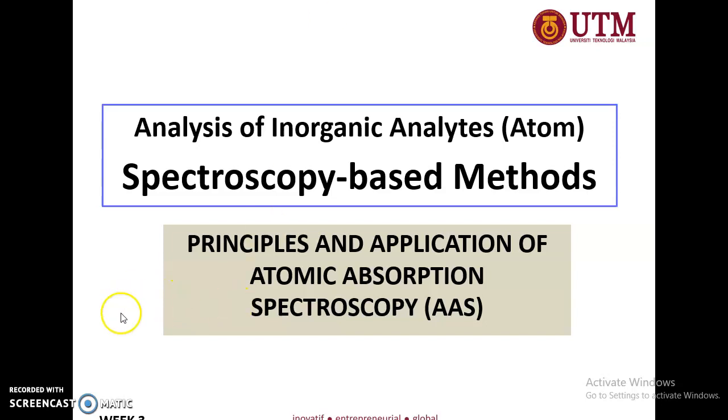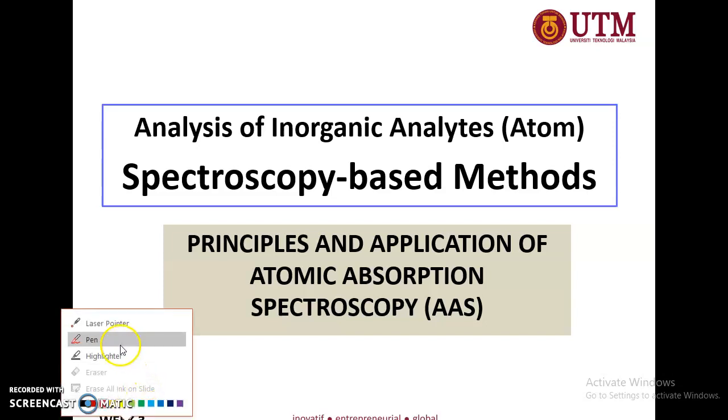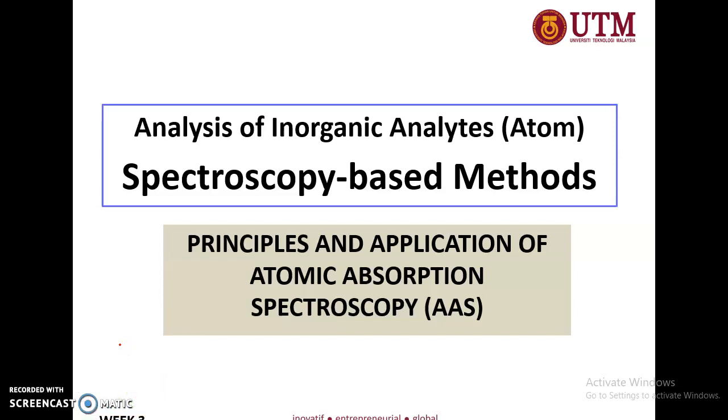Okay, so what is the biggest difference from what you learned in UV visible spectroscopy, fluorescence spectroscopy, and phosphorescence spectroscopy? The biggest difference between them and AAS is the keyword atomic. No more molecular chemical species.